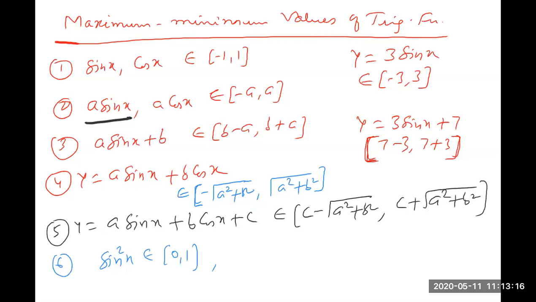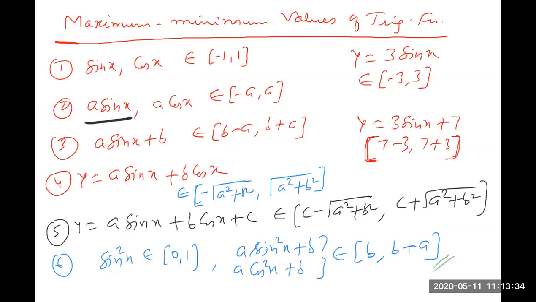So a sin square x plus b or a cos square x plus b, both of them belong to b to b plus a. Because when sin square x is 0, it will be b, and when it is 1, it will be b plus a. This is the 6 number formula.